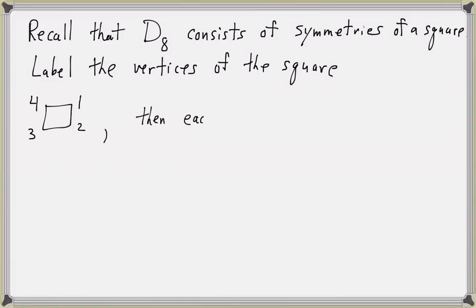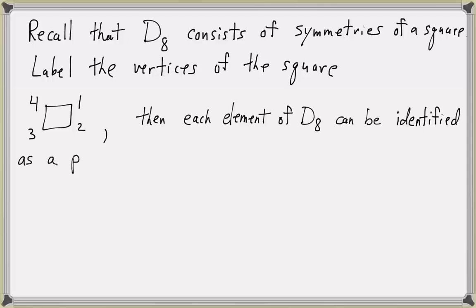So then each element of D8 can be identified as a permutation of the locations of the vertices.